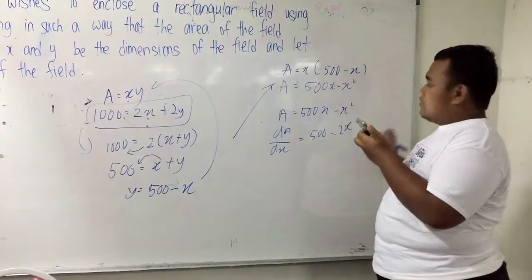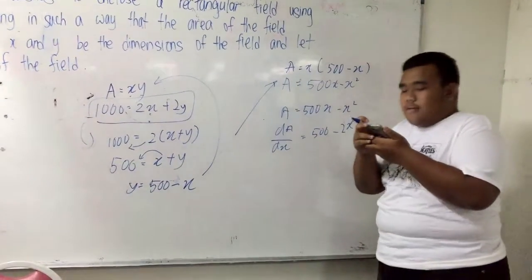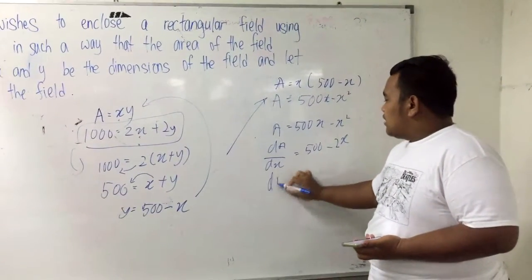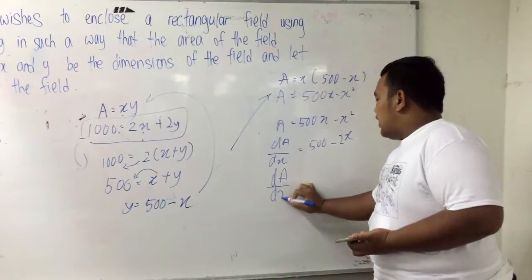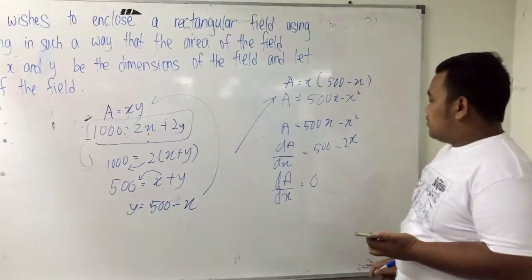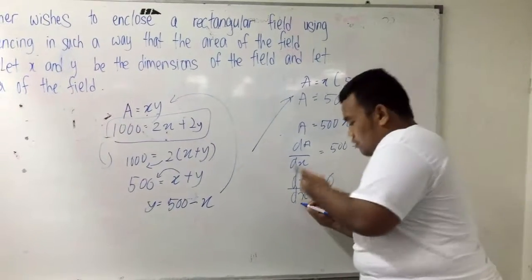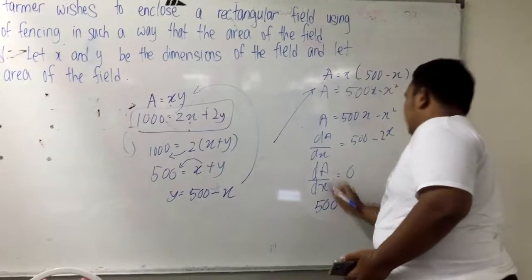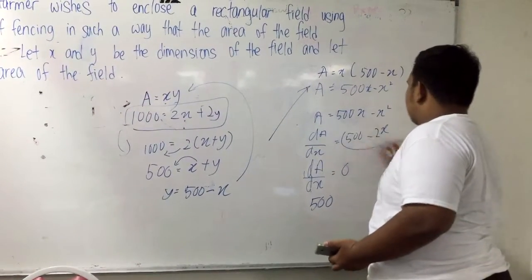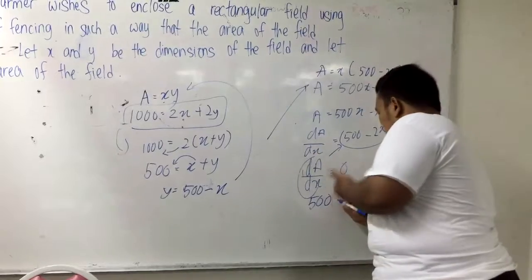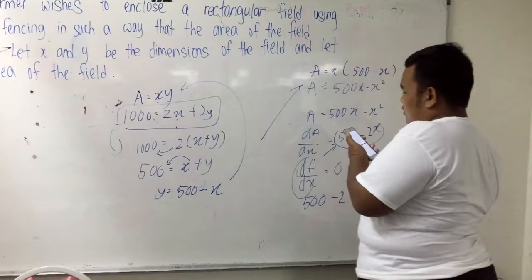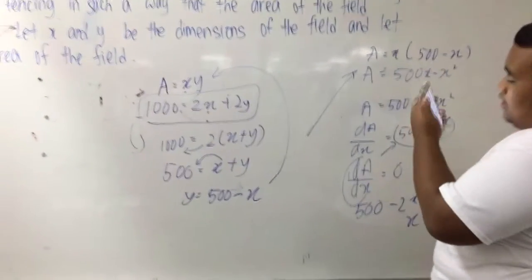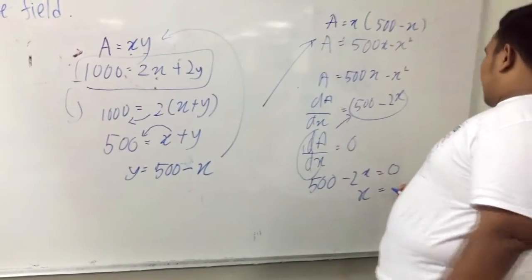Sorry, and as I said, dA over dx is equal to 0. So just replace this with this: 500 minus 2x equals 0, and then the answer you will get is x equals 250.